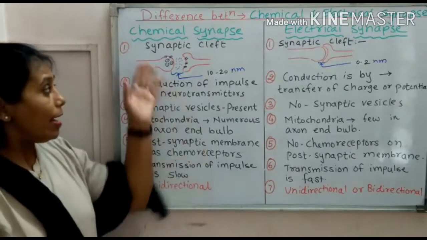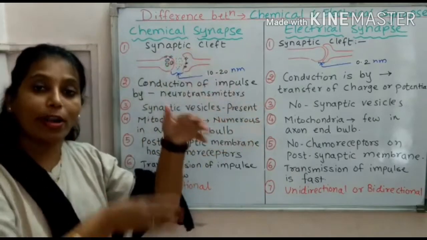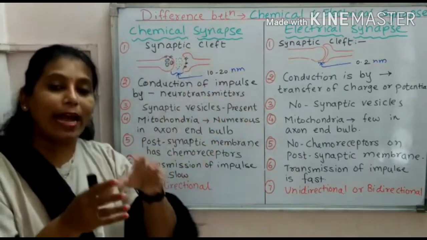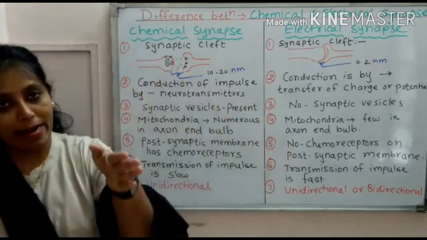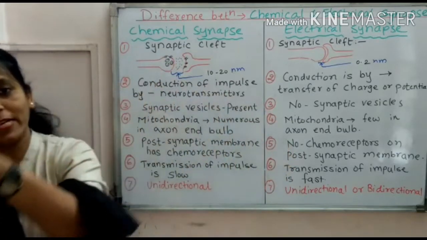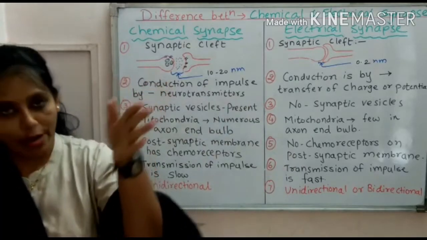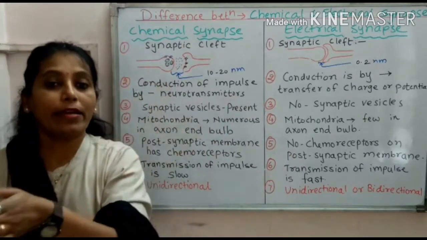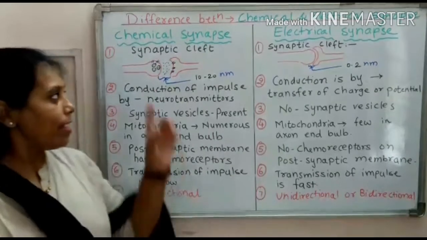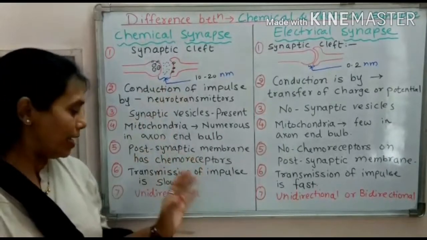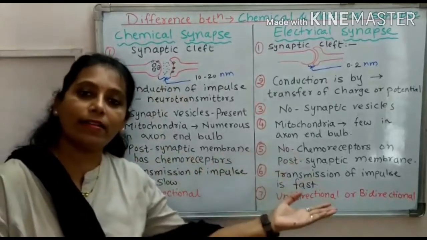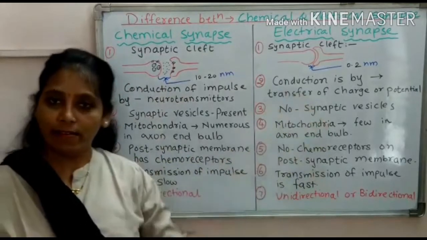The reason is it takes time for chemicals to come from one end of the axon and enter the space. From the space it has to bind with the receptor. So definitely it requires time. In case of chemical synapse, the transmission of impulse is slow as compared to electrical synapse.